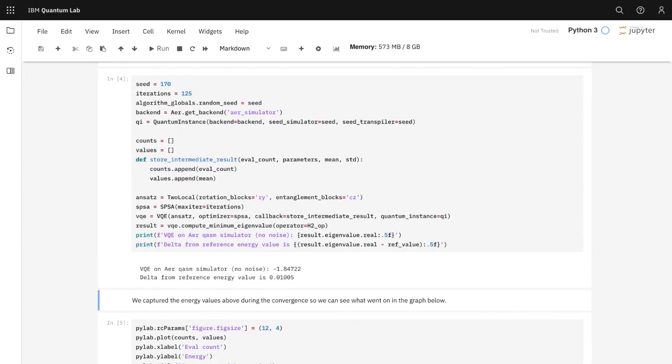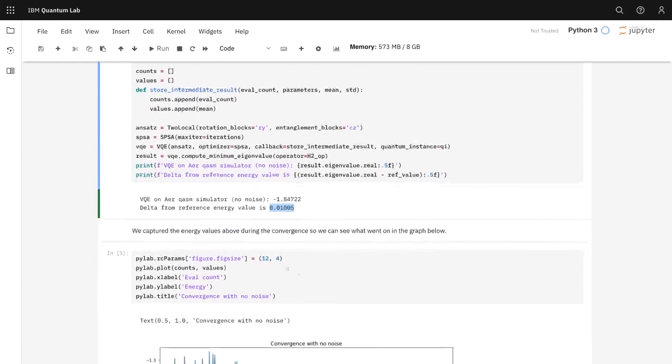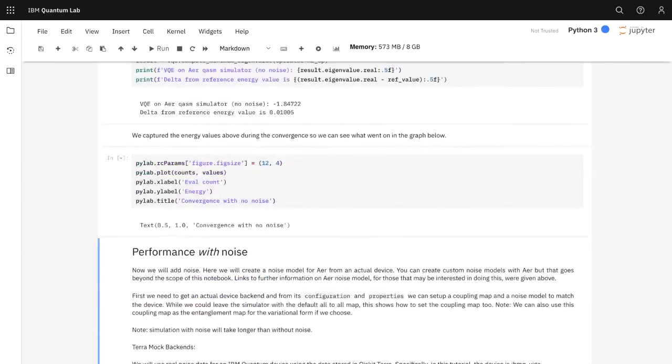And here's the answer. So here we get the energy, and the difference from the reference energy is 0.01 Hartree. So it's 10 millihartree, which is more than the chemical accuracy. And we can plot this.